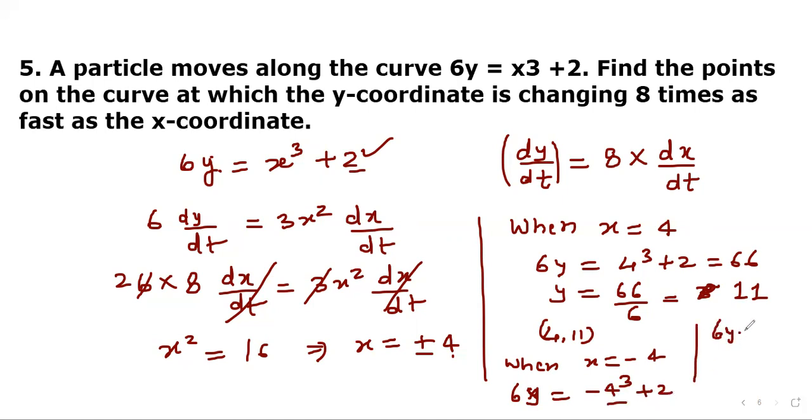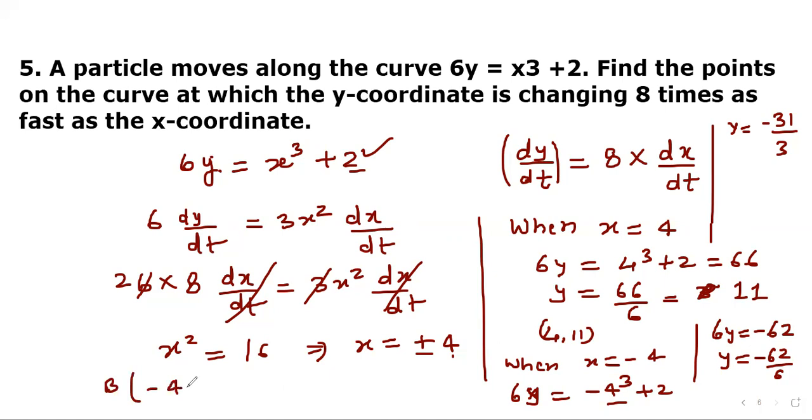So 6y equal to minus 62. y equal to minus 62 upon 6, that will give y equal to minus 31 upon 3. So the second point will be minus 4 and the corresponding value of y, that is minus 31 upon 3, which is our answer. Thank you for watching.